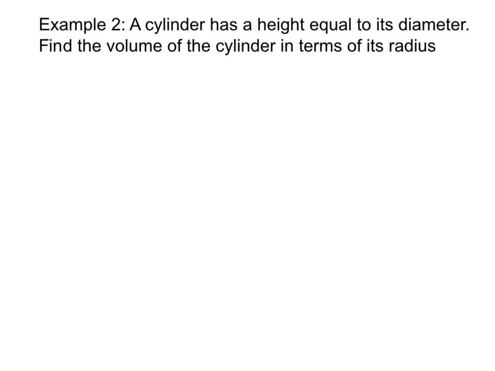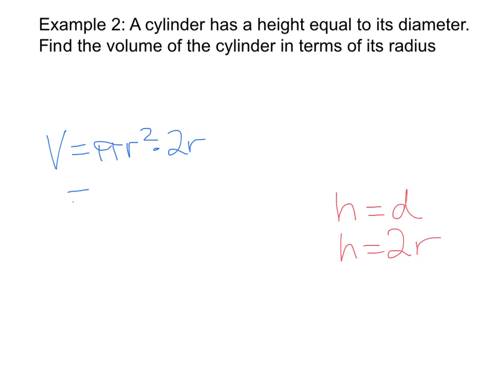So what I know is that height is equal to the diameter, which is 2 radiuses. So now I have that. In this case, I don't even have to do any solving, and now I'm just going to substitute it in. So volume is equal to pi r squared times 2r. Put that all together, I get 2 pi r cubed volume. So this now is my answer.